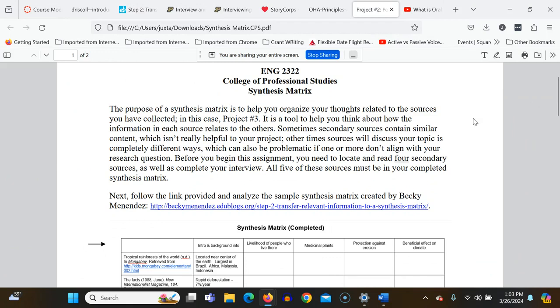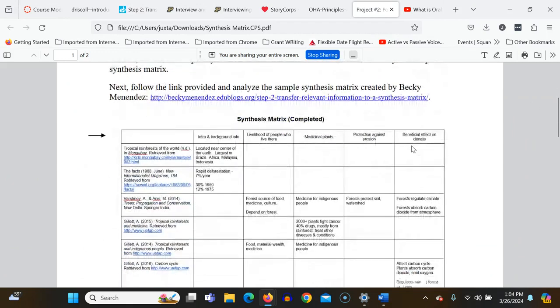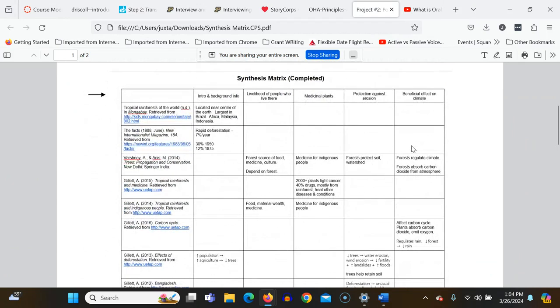Okay. So this example that they've provided of a synthesis matrix. Now, synthesis just means taking a bunch of stuff together. There could be disparate, widely different things. For example, if I look out the window right now, I'm in a neighborhood, and you can see lots of different styles of houses, lots of different colors of houses, lots of different people.